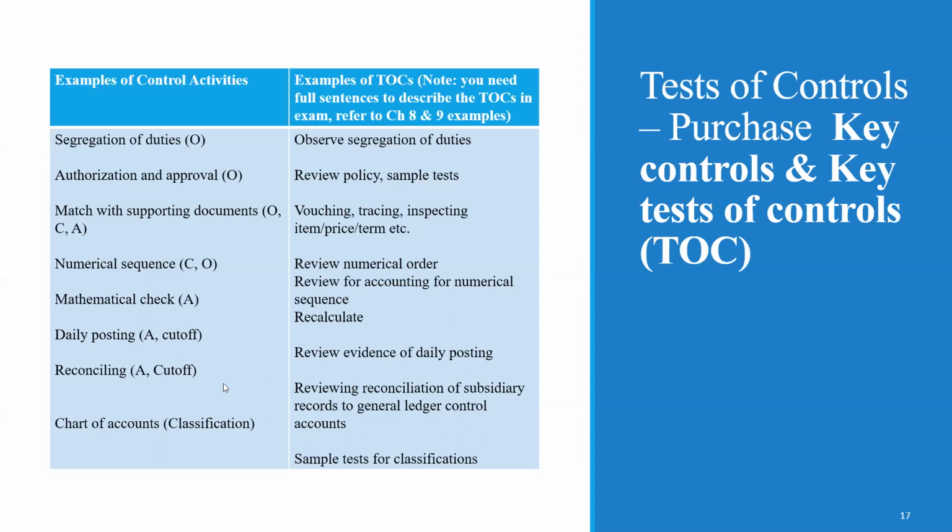This page seems very simple, but for different purposes of controls, there will be a matching test of control procedures for you to use. If you can link them naturally, it wouldn't be very hard for you to design a test of controls.